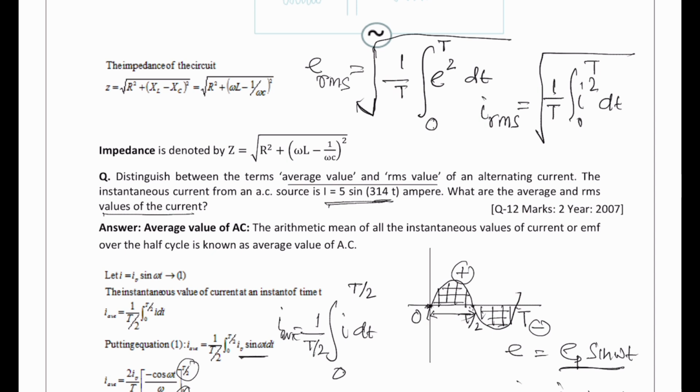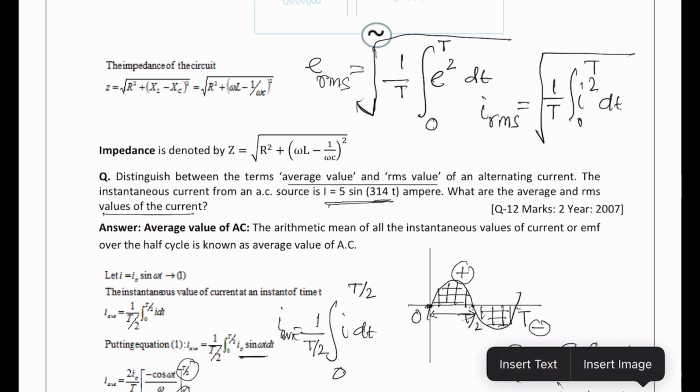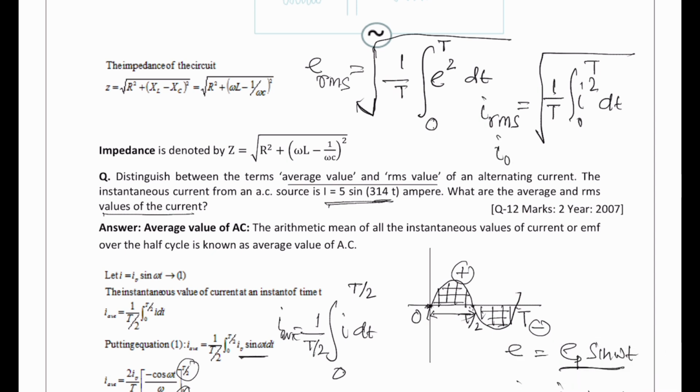Now it is simply the integration part, where in place of I you put I0 sin omega t, and in place of E you put E0 sin omega t, and integrate. The entire thing is just a mathematical integration. So let's do it.